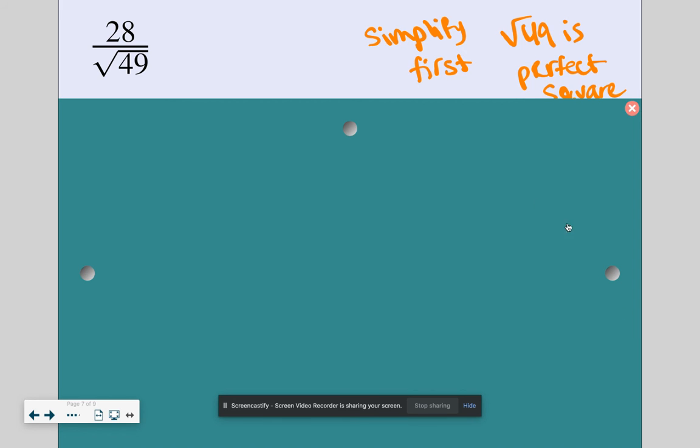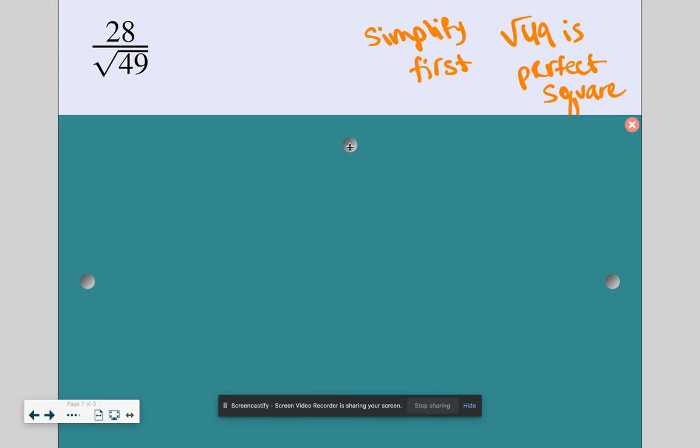Okay, it's a perfect square. So this turns into 28 over 7. You didn't even have to rationalize. 28 divided by 7, that's 4. So don't overthink some of these problems. Look and see if something is a perfect square first.